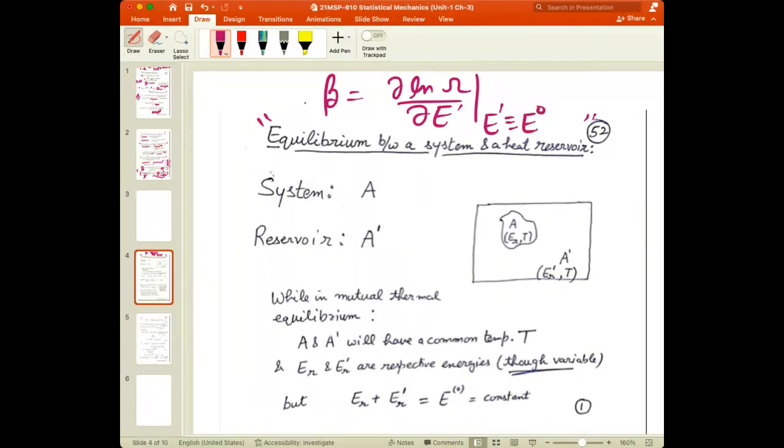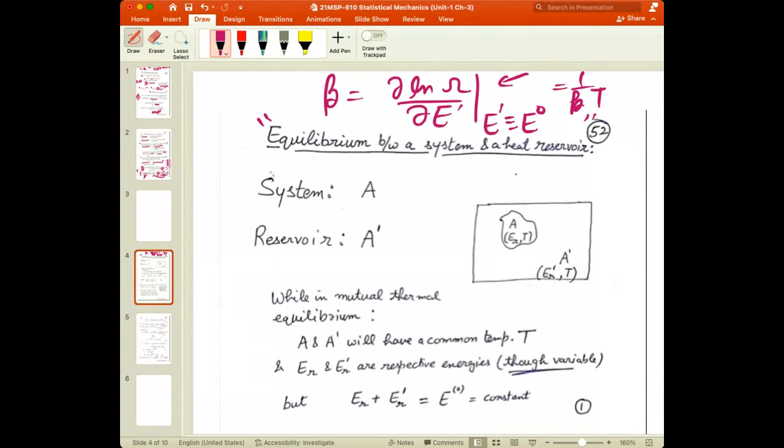When two systems come into thermal equilibrium, they attain the equilibrium state only if their respective betas are the same. We are going to use this definition here also. And we proved thermodynamically that this is nothing but 1 by kT, where T is the equilibrium temperature.